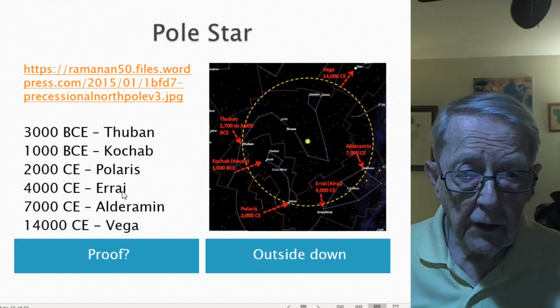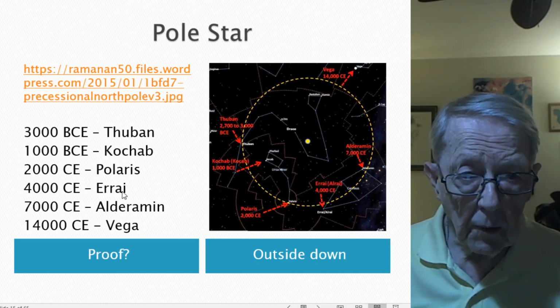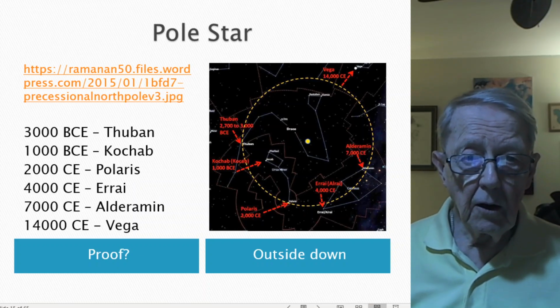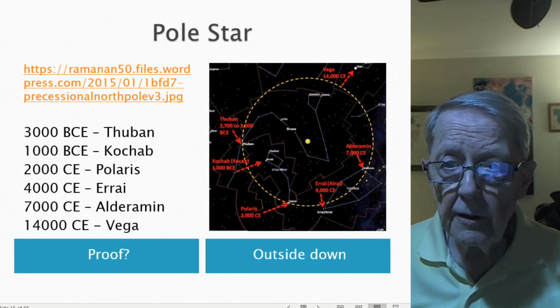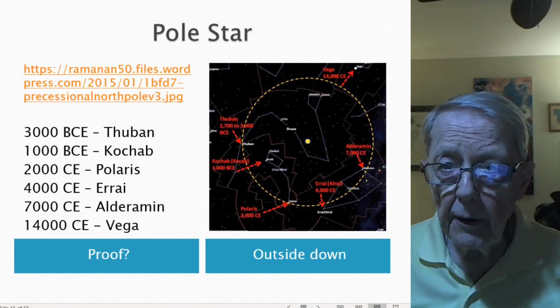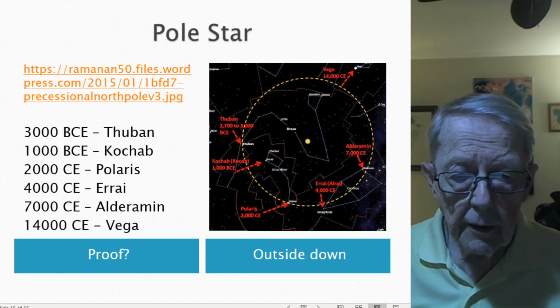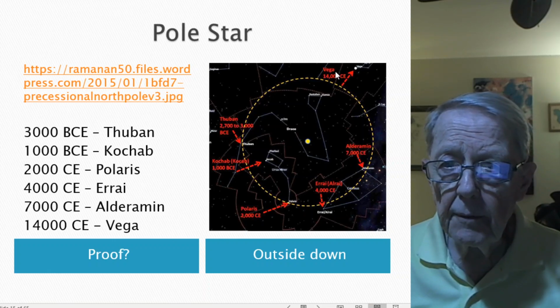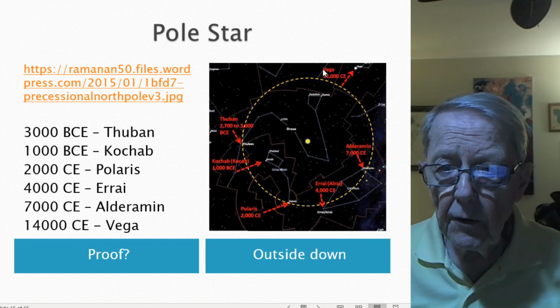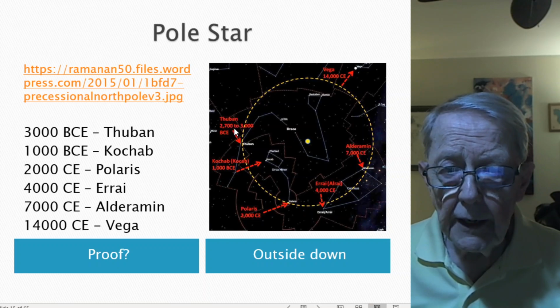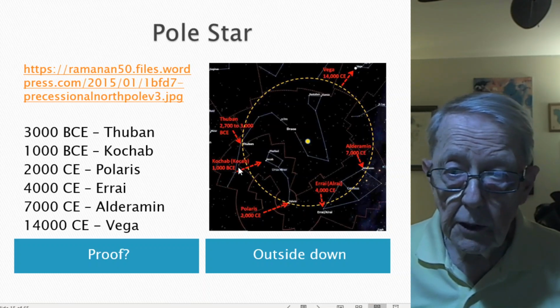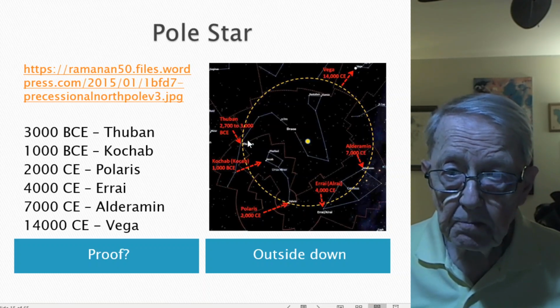In the year 4000 it'll be Errai, then Alderamin, and then Vega, way up here. At this point, I'm having trouble with my pointer, which I've been having recently. Anyway, those are the ones that supposedly were used in history.